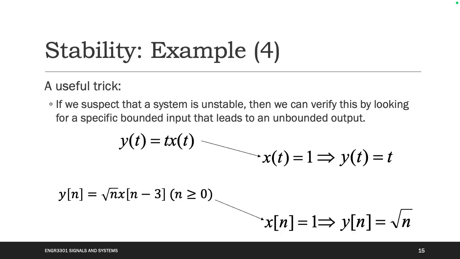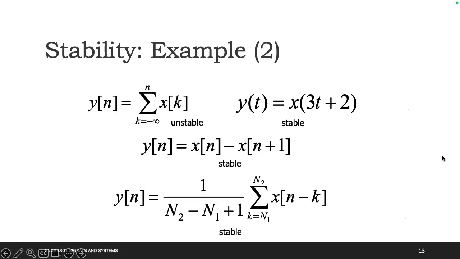So this one is an unstable system. Let's use the same thing here. If we let x[n] equal 1, we just replace x with 1, and then the infinite 1s added together, what's the value? Infinite, am I right? And how about this? We let x(t) equal 1, which means x(3t plus 2) will equal 1, which means y(t) equals 1.